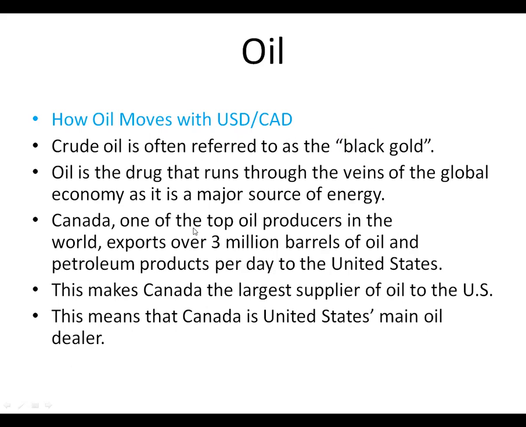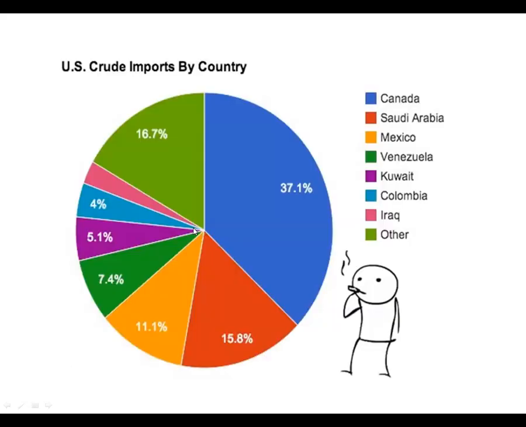Now let's look at other countries that supply oil to other countries, including the US. Let me introduce you to this chart. This chart will give you an idea about the countries that supply crude oil to the United States alone. Here we are. We have Canada supplying about 37.1% of the total crude oil in the US.